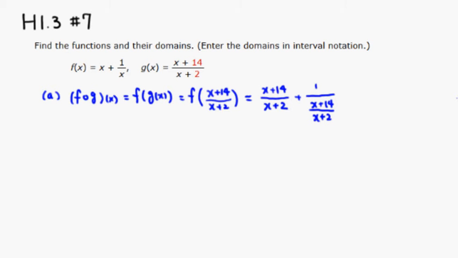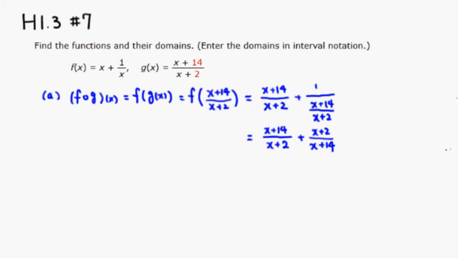Since this is just a reciprocal, I'm going to leave the first one as it is, then take the reciprocal: x plus 2 goes up here, and x plus 14 is down there.